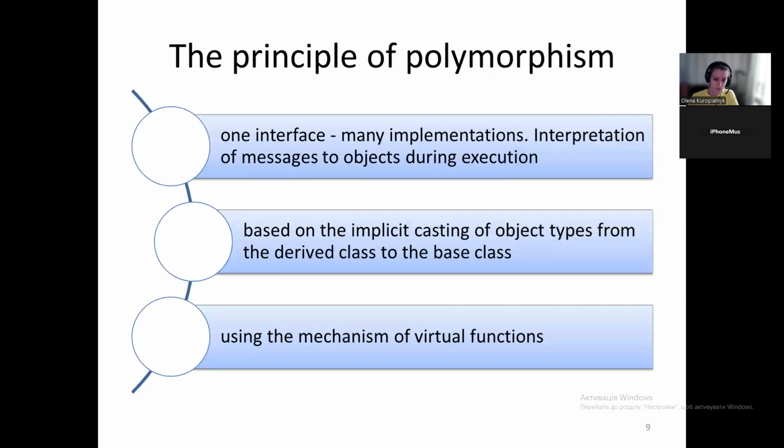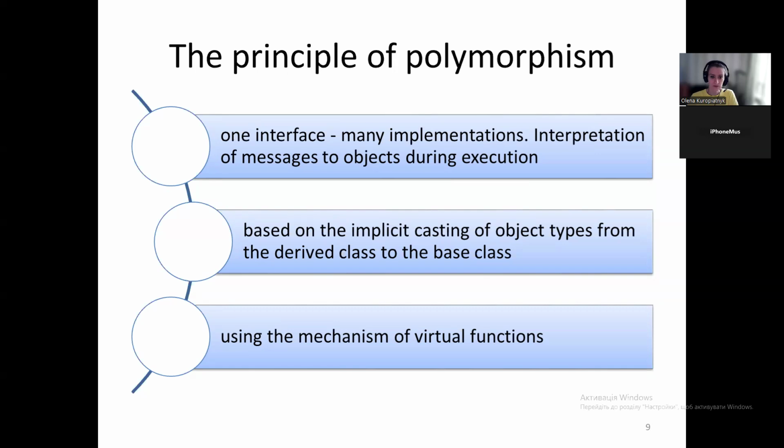Then we go to the last principle of object-oriented programming that we can use in our project. It's the principle of polymorphism. That means we can have only one interface and many implementations. And we have interpretation of message to object during execution.